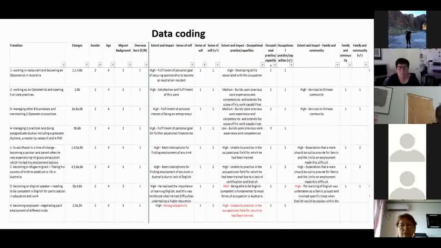We did that across the 205 transitions. You can also see other background information included on the presentation, including gender, age, backgrounds, and whether they're overseas born.